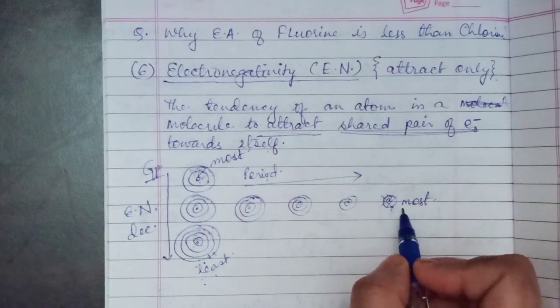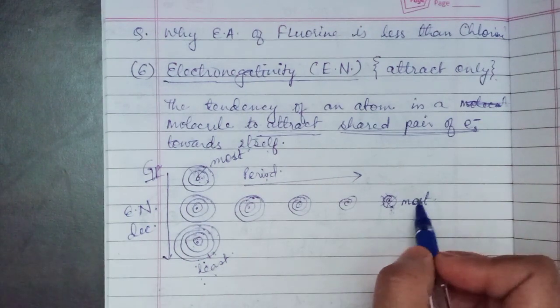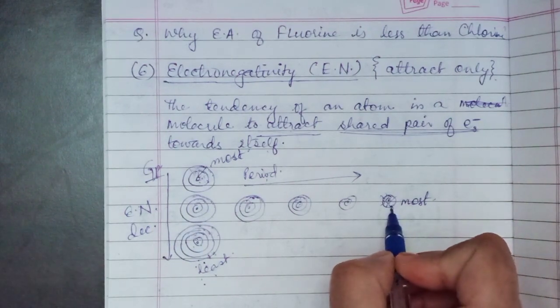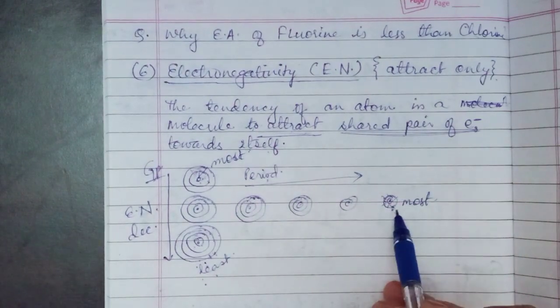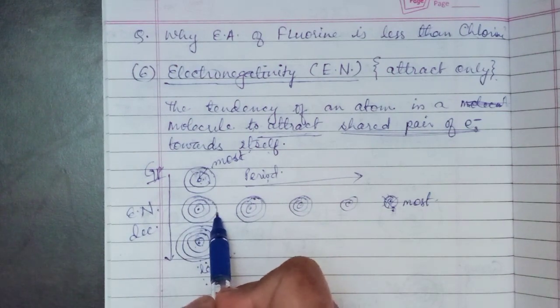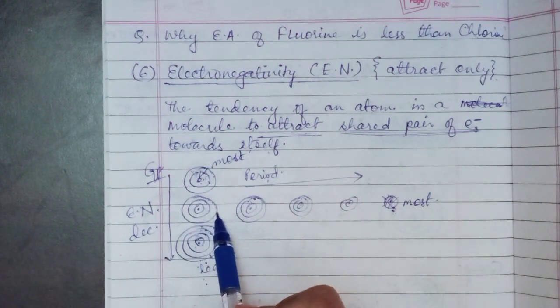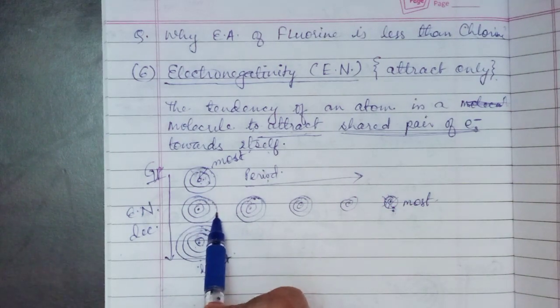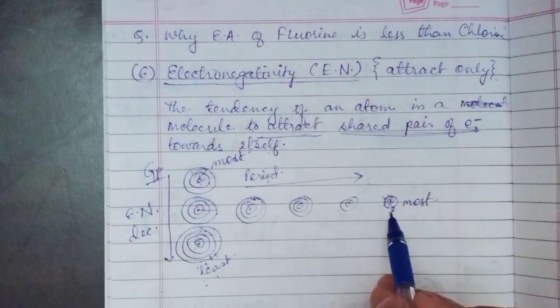Okay, so when an electron or any other atom comes near to this atom, the attraction will be most, and when any other atom comes near to this atom here, the attraction power will be less because the size of the atom is bigger as compared to this.